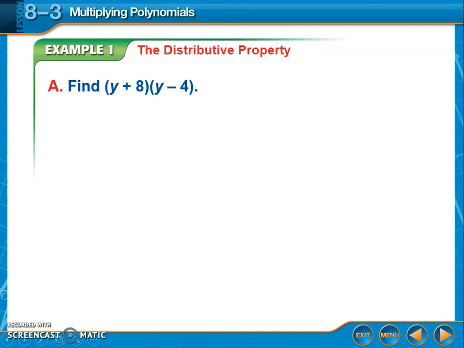Okay, so first thing we want to do is be able to multiply this as if we're using the distributive property. If you remember the distributive property from earlier, A times B plus C, we would do this by doing A times B plus A times C. You would do A times both of those.